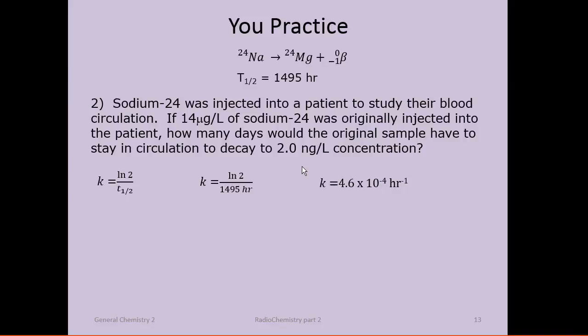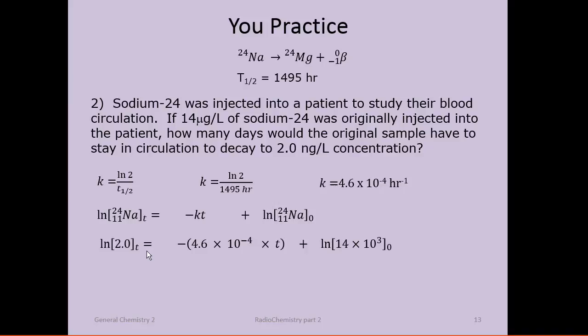So step 1, find your K constant, same process. Substitute into the integrated rate law. So in this case, what I've chosen to do is leave it in nanograms. So this is 2 nanograms here. So 14 micrograms is actually 14 times 10 to the 3rd nanograms. So now my units agree. Now I'm in good position to just plug and chug. I solve, I get 1.92 times 10 to the 4 hours, divide it by 24 hours in a day and get 802 days.